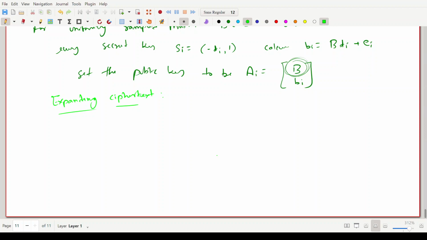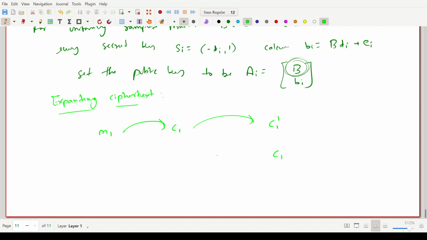As I told you, let us first focus on two participants, and then we'll extend it to k parties. Suppose there is a message m1 which is encrypted as ciphertext c1, and we want to extend this to c1 dash. What is the property it should satisfy?